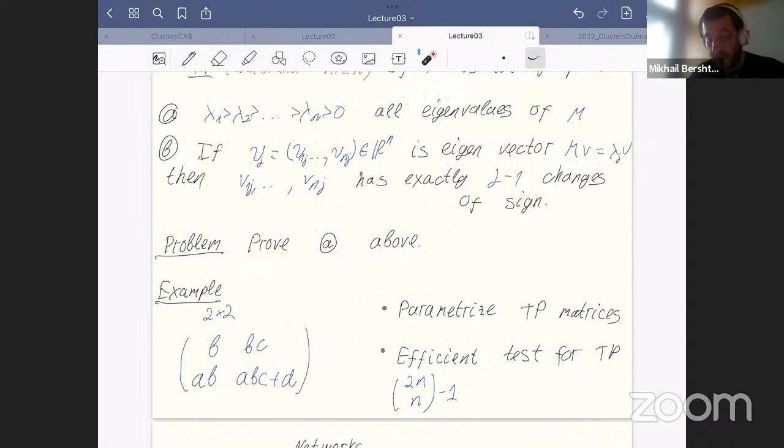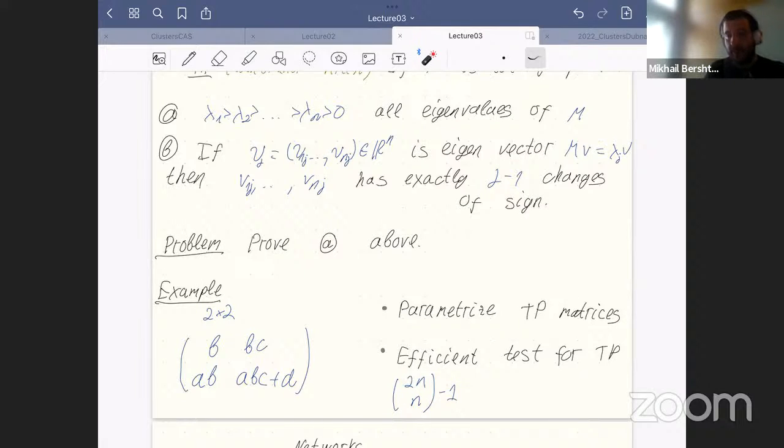So in total, you should pick n numbers from 2n, minus 1 because the empty one doesn't give you a check. This number is quite big, like an exponent, and for large n it is not efficient to check. But it appears that it is not necessary to check so many, and an efficient test is quite small. This is what I'm going to talk about now, and maybe I will return to parameterization next time.